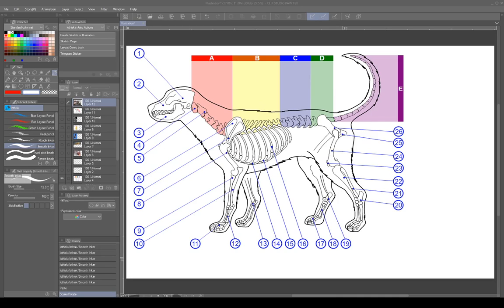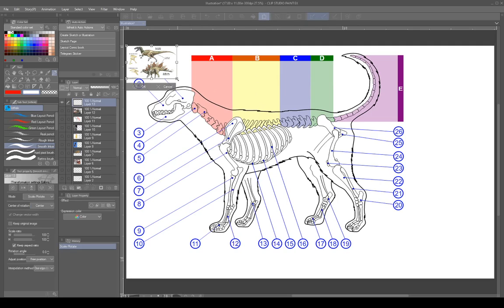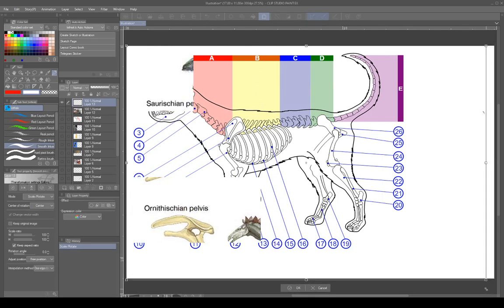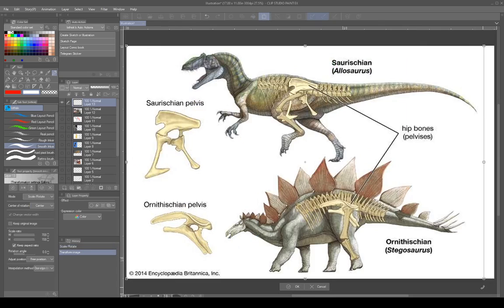Interesting examples. Let me pull this one up. Let me share this one with you. So here we've got dinosaurs with very big and long tails, right? And you have to consider the muscles as well. So they've placed these in the illustrations, right?